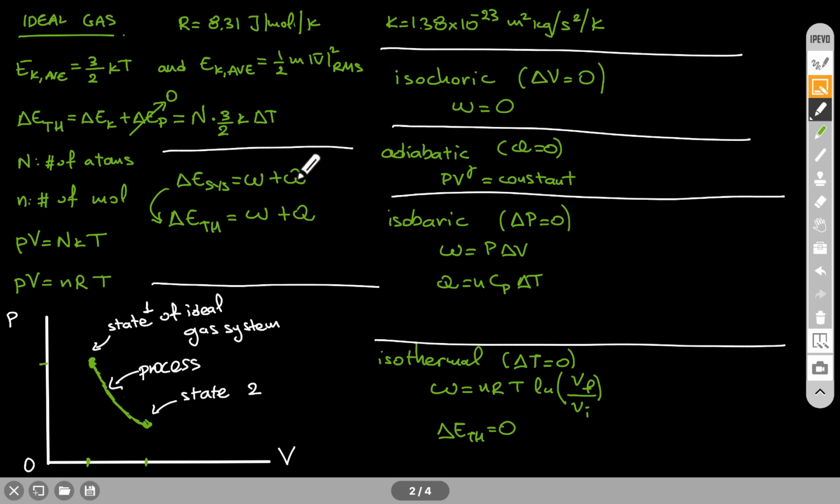This is the thermal energy transferred from the surroundings to the system, from the surroundings to the gas. This is the work the surroundings do on the system. For us, the system is the ideal gas.